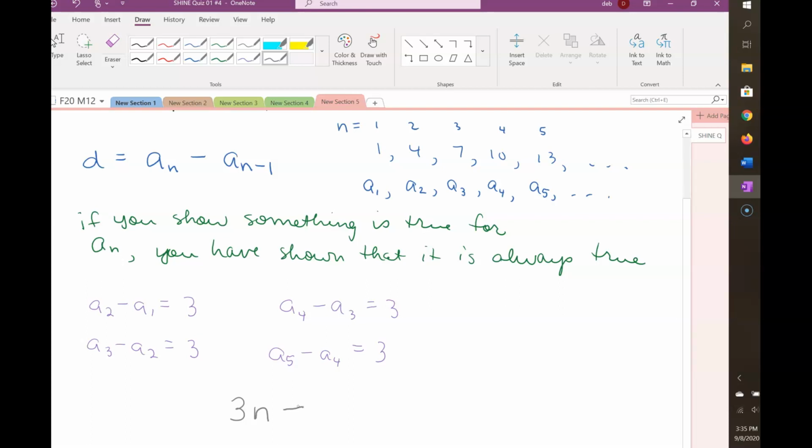Let's see, what does it look like we need to subtract? 2? That looks like it'll work. So this is the formula for the nth term.